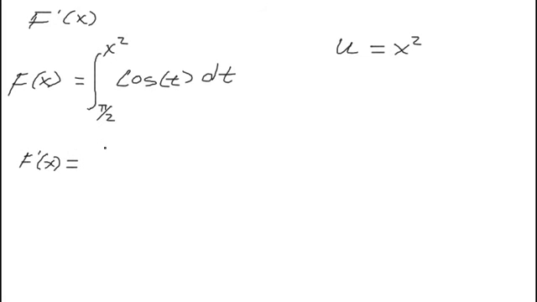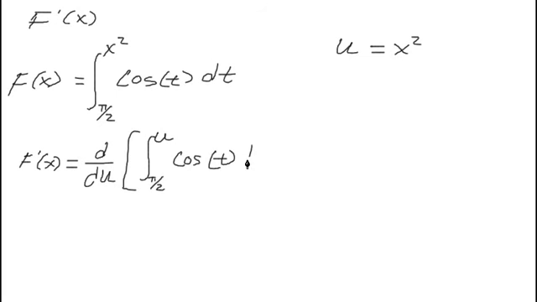Okay. And I'm going to say d over du, and we're taking the integral between pi halves and u. So you see we substituted this x squared here for the u. Right. And we go ahead and just rewrite everything else. Cosine t dt.